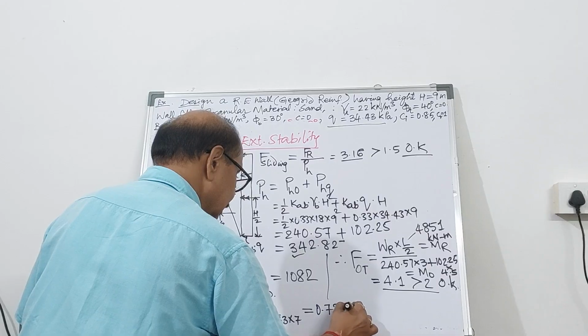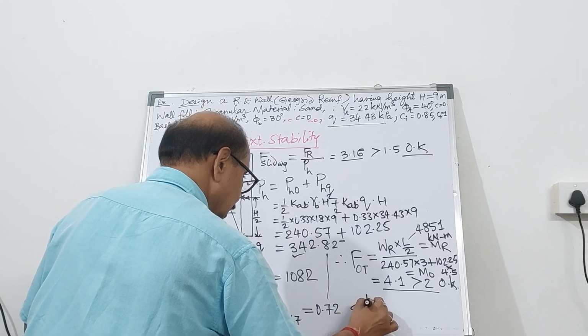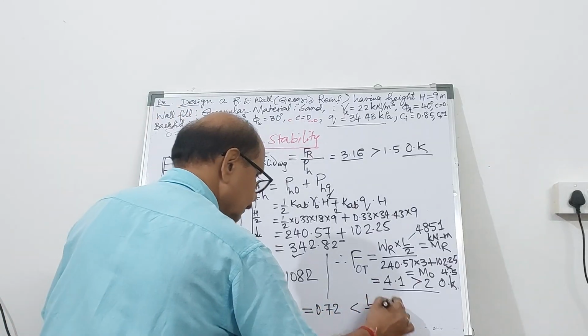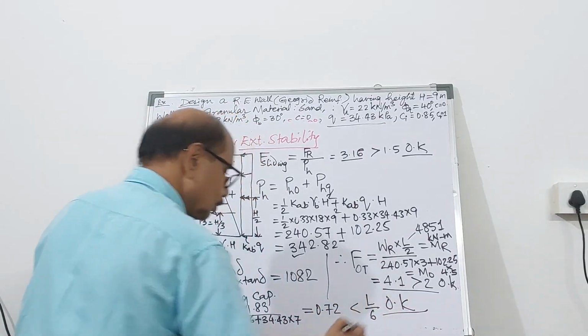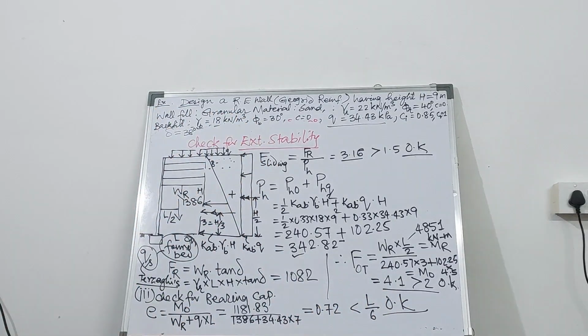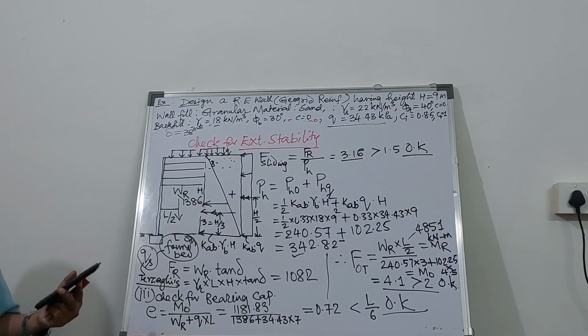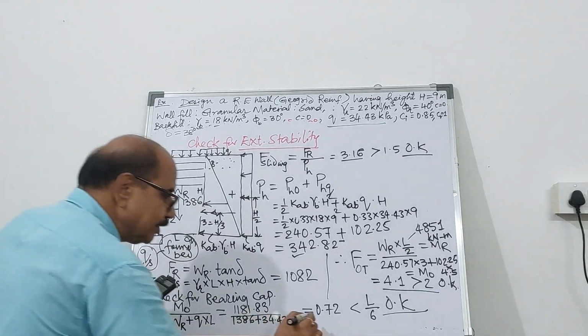This should be less than L by 6. So it's already okay. Eccentricity should be less than L by 6. L is 7, so 7 by 6. Eccentricity is only 0.72 meter.